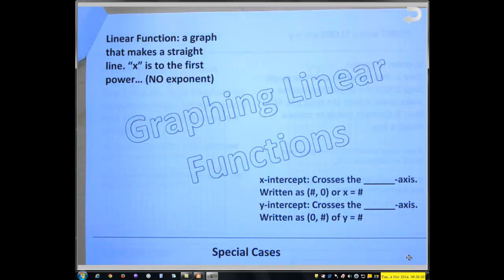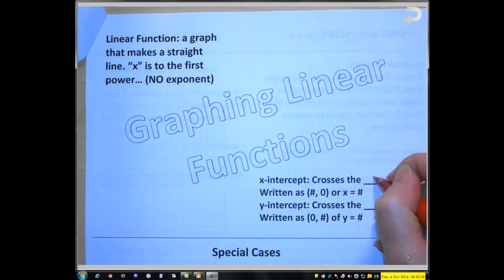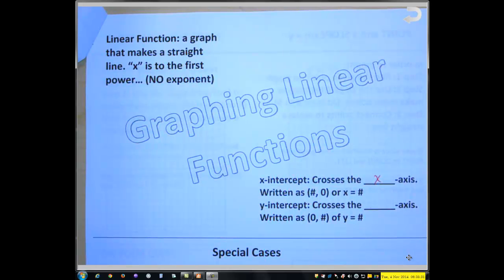First, we need to learn a couple of important vocabulary words. An x-intercept is the point where the graph crosses the x-axis. And the coordinates of the x-intercept are always written as a number and 0, or we would say x equals a number for the x-intercept.